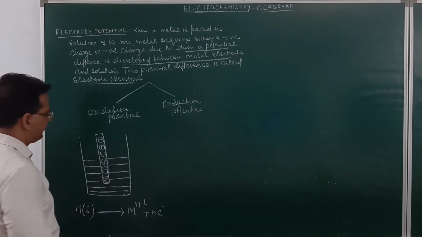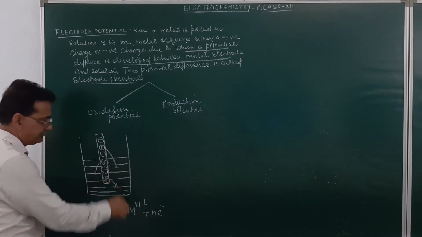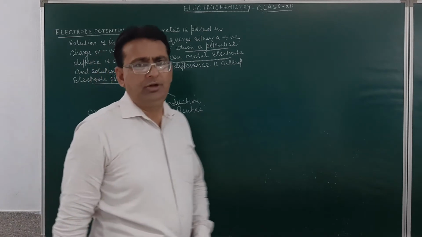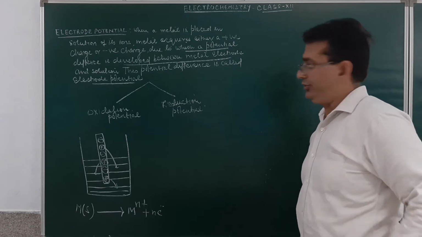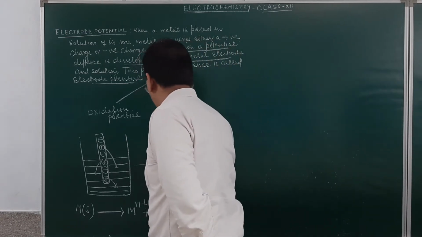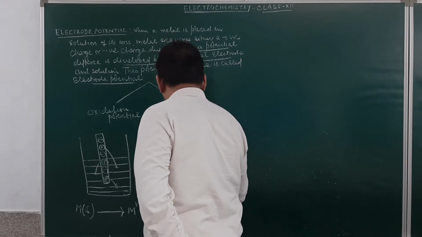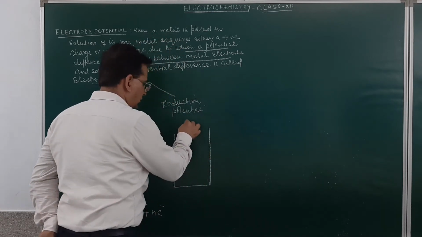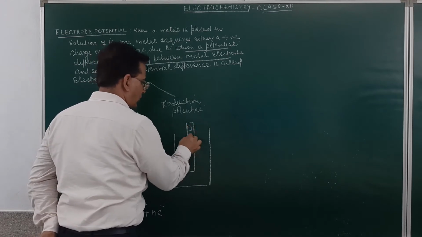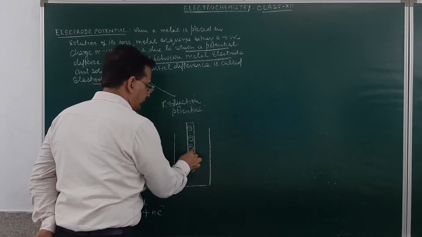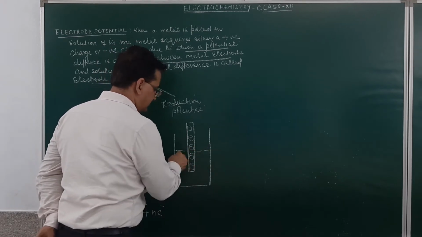Now during the process of oxidation, the positive charge goes into the solution, due to which there appears to be a negative charge on the electrode in the oxidation half. So this electrode will be having a negative charge. Is it clear?